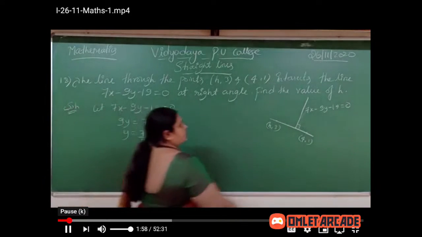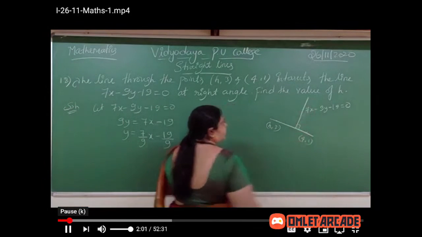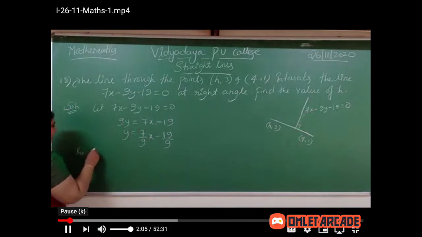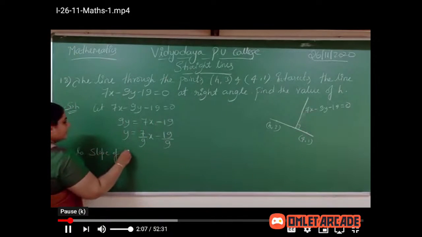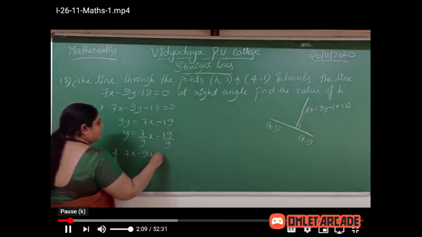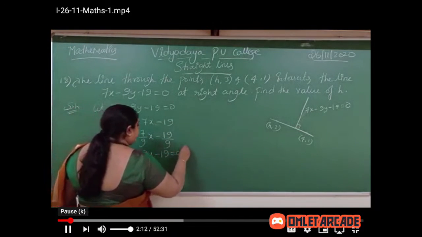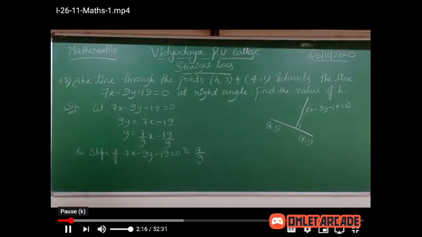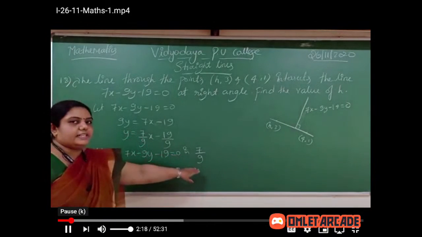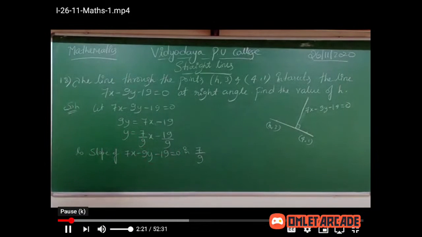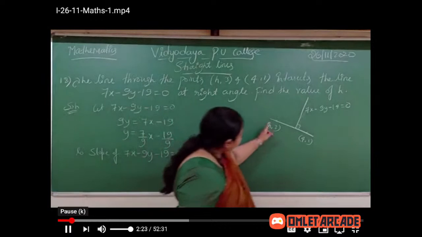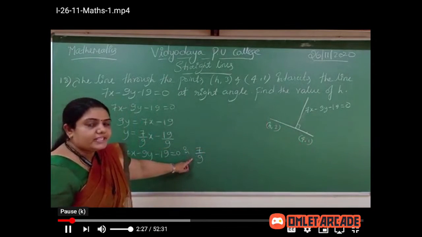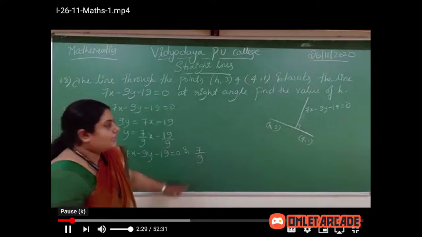From this equation of line, can you take the slope first? What is the slope here? The slope of 7x minus 9y minus 19 is equal to 0 is 7 by 9. Am I right? Then the slope of this line will be its negative reciprocal, isn't it?